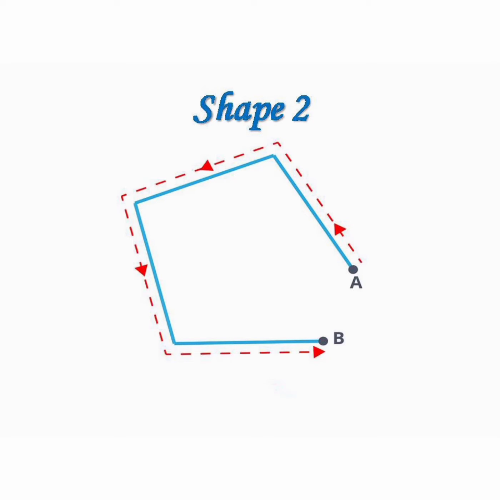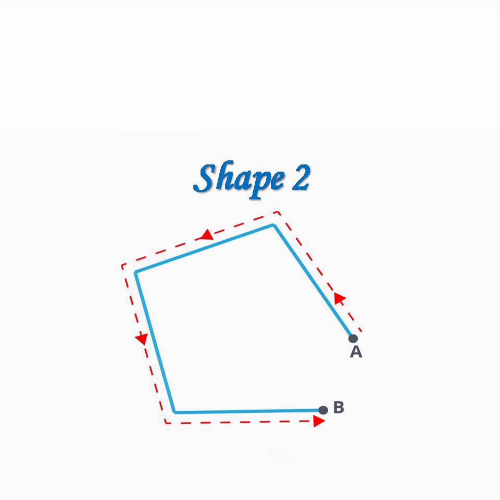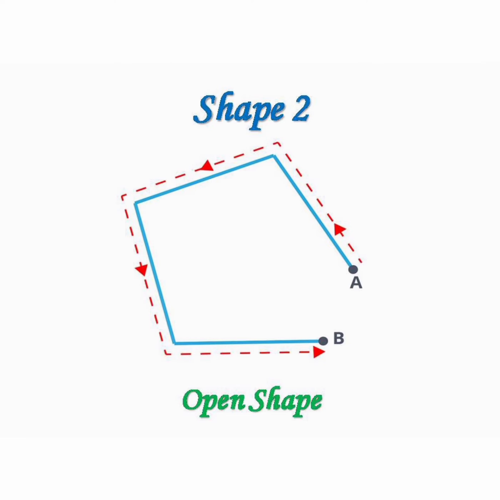Now, let us look at shape 2. Once again, start from point A and trace the shape with your finger. Where does the shape end? The shape ends at point B, a different point altogether. Therefore, it is an open shape.